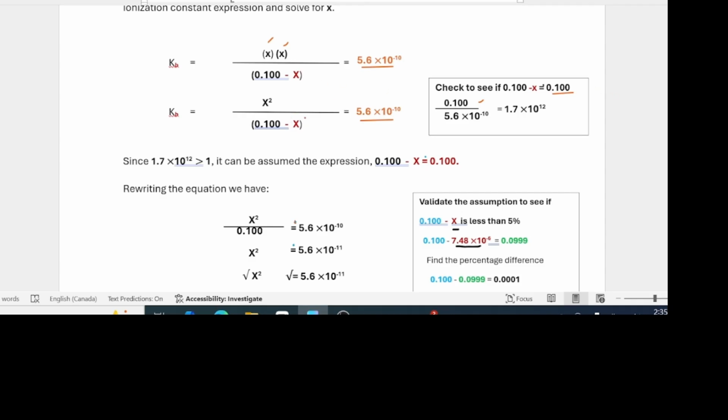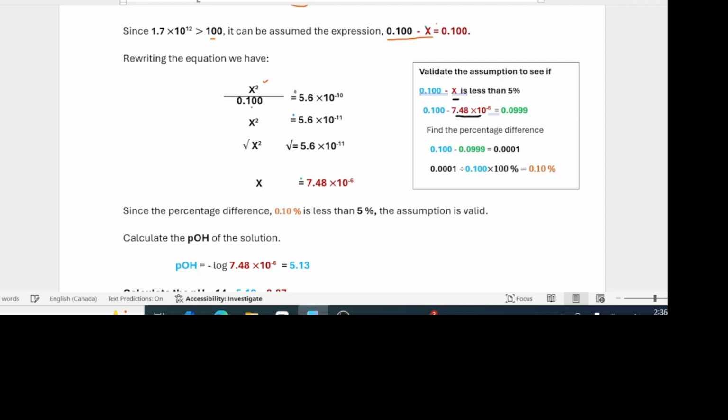So if that is the case, we do not have to use a quadratic equation to solve for X. And you can see that this is much greater than 100. So we can assume that this is approximately equal to that. So we don't have to include this in the equation anymore. We can remove that. Now we have X squared over 0.100 is equal to the Kb here.